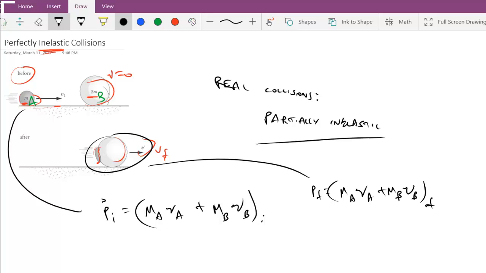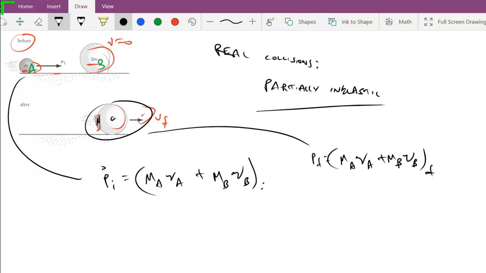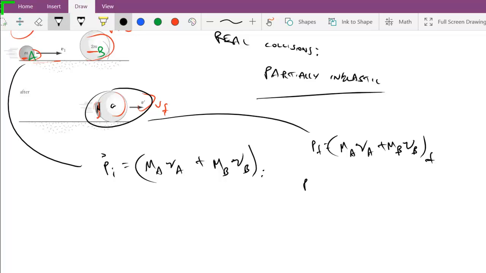However, since these are stuck together, they must have the same velocity. So we can write the final momentum as the mass of A, factoring out, knowing that vA final is the same as vB final. Then we can factor this out, and we say that the final momentum is the mass of A plus the mass of B times their shared final velocity.